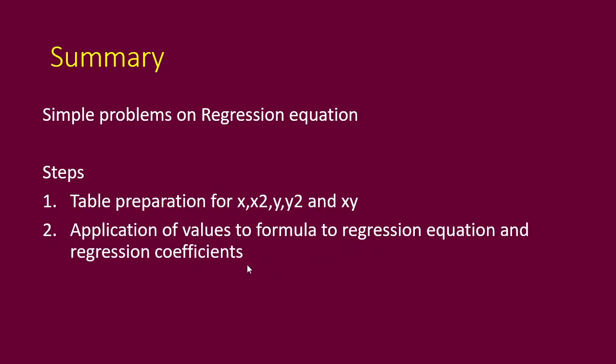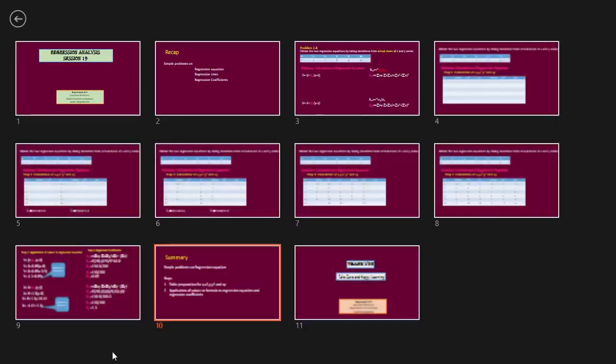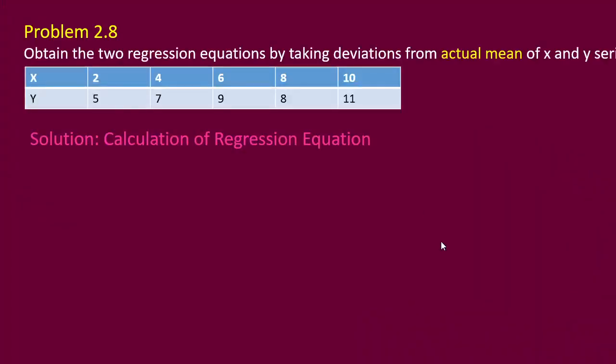And regression coefficient. So as far as the regression equation, the formula is x equals x bar plus bxy into y minus y bar. So here bxy values are considered regression coefficients and we need to find that. So as far as regression coefficient, we have two formulas, but here as far as the simplification, we should apply this formula.